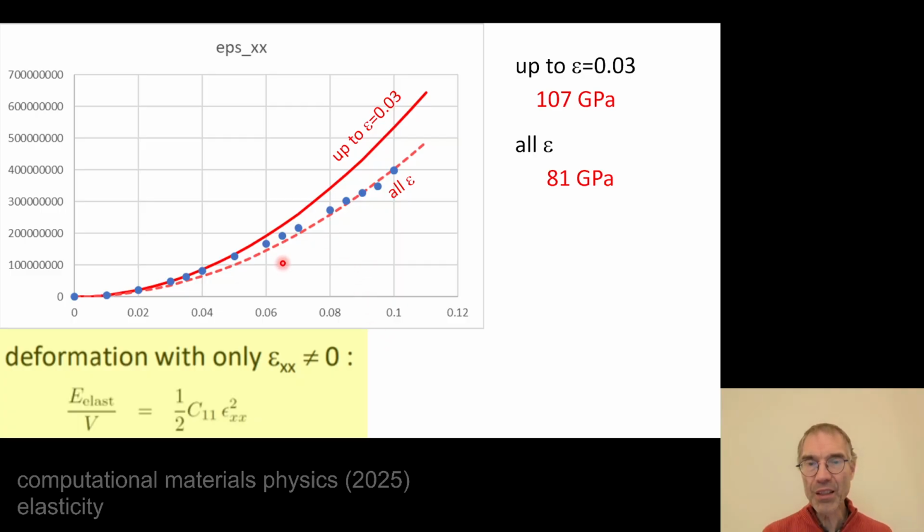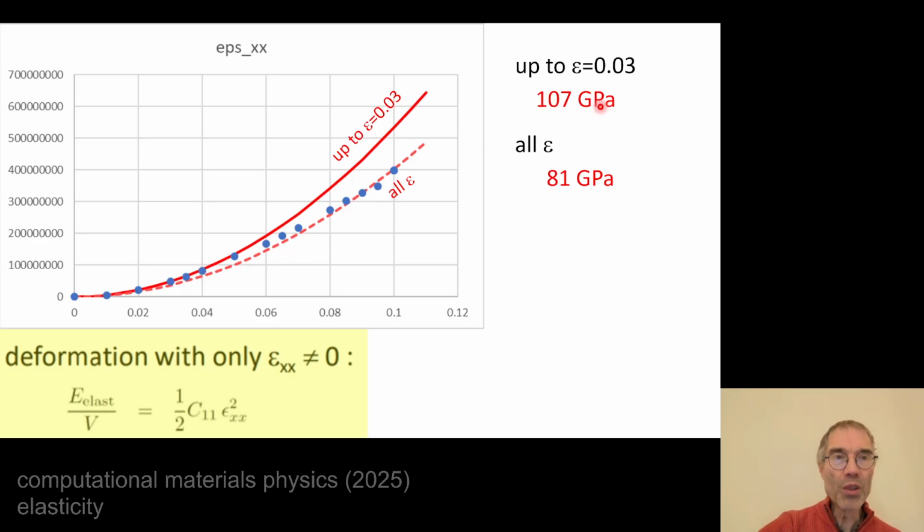Here is a calculation where I repeated this with sufficiently high precision, and you see what happens if you take all epsilon in the fit up to 0.1, or you restrict the fit to the epsilon 0.03, then you don't get the same parabola, but it's the parabola with values for the small deformation. That is the one that is the correct one.